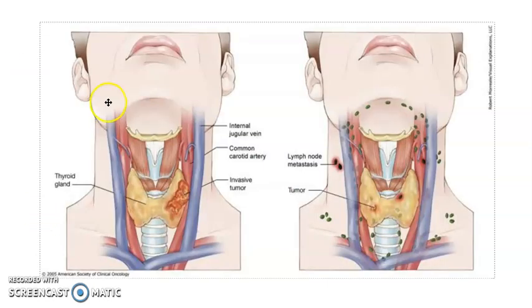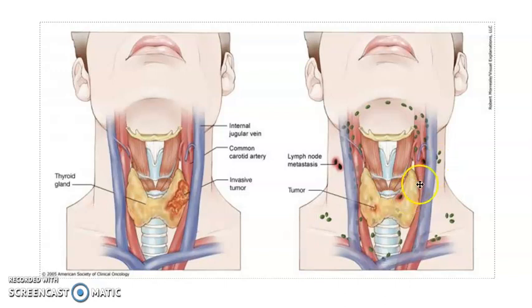And then if you see, this is the thyroid gland, and this is the carotid. Usually for a normal person, we'll be able to palpate the carotid pulse when you place your thumb or fingers on the anterior border of the sternocleidomastoid muscle at the level of C6 vertebra posteriorly.